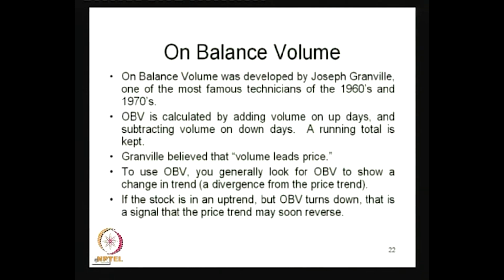You plot the diagram of the security's prices and observe an uptrend, but the on-balance volume turns down. That means adding volume on up days and subtracting volume on down days is going down, signaling that the price trend may soon reverse.